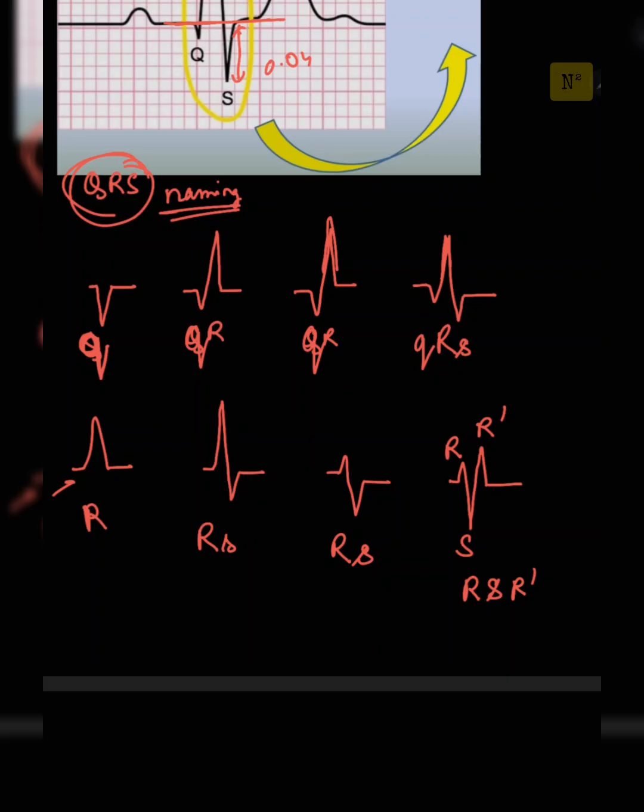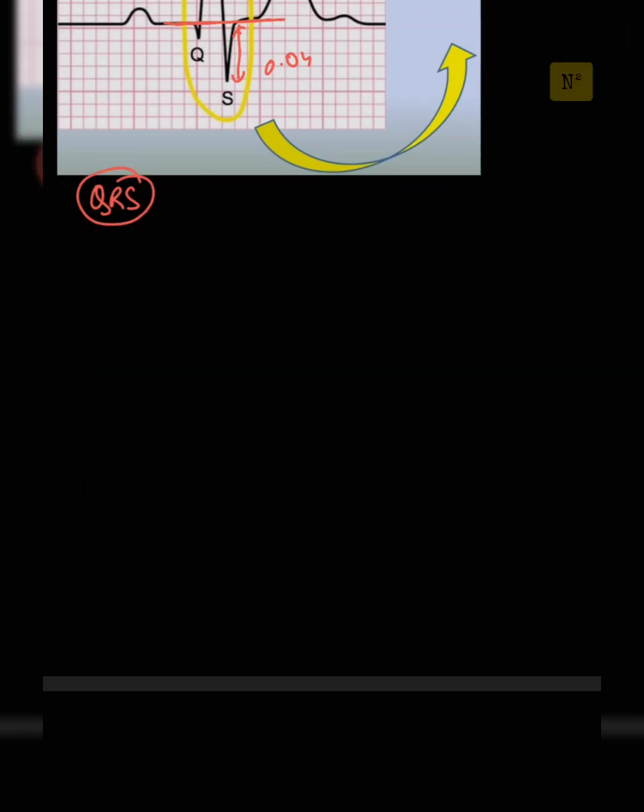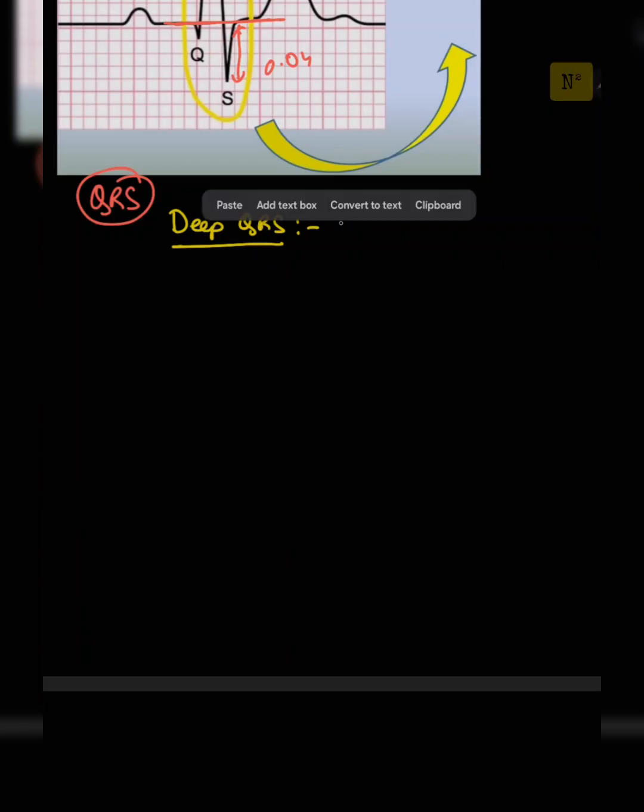Now, some clinical significance: sometimes you will get deep QRS waves. These waves are found having an amplitude of more than 0.2 millivolt, and you will get those waves usually in myocardial infarction.